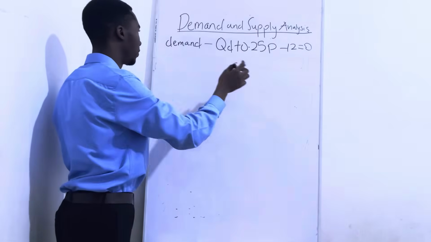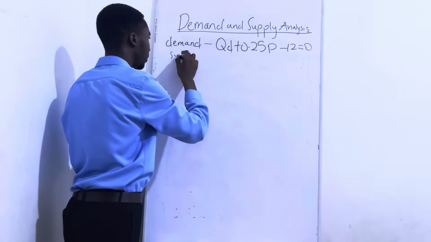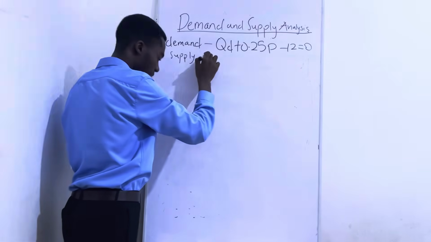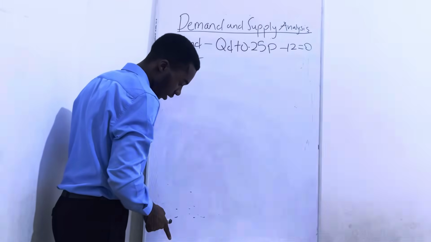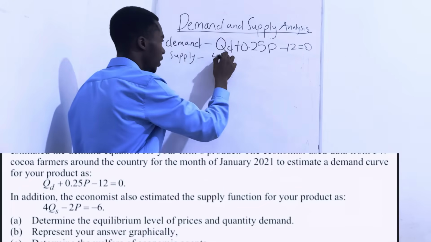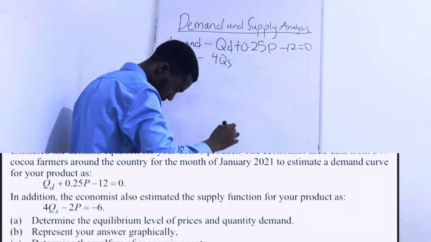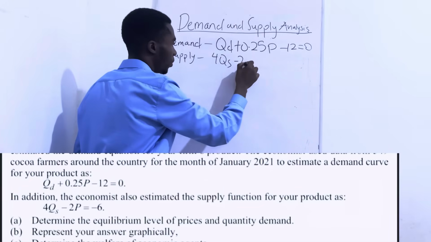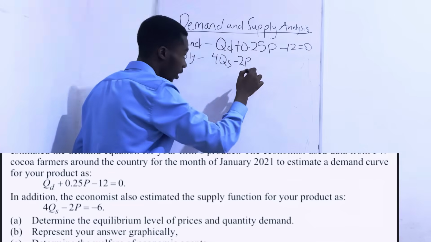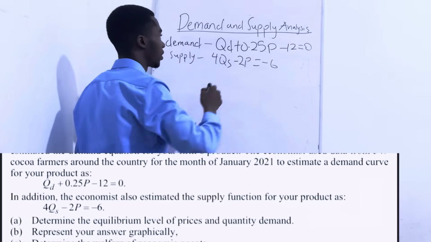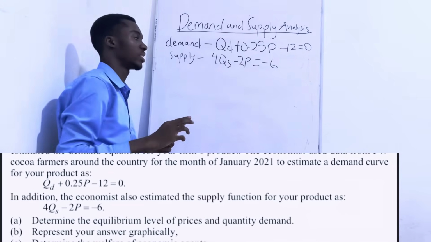So this is the demand function. Then let's go to the supply. As for the supply, they've also given it to us in the question. It says 4QS minus 2p is equal to negative 6. So this is the demand function and the supply function.